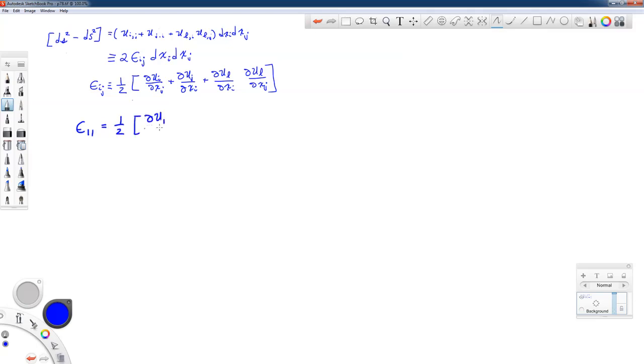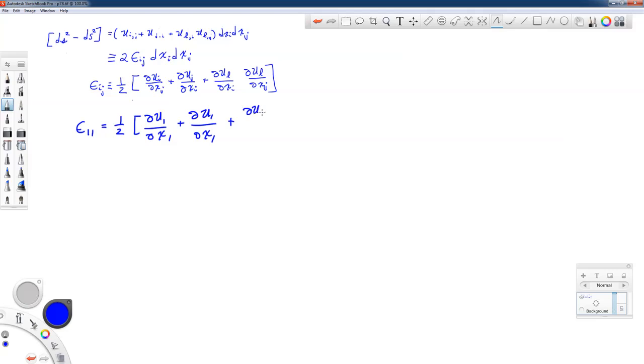If i is 1 and j is 1, we have partial derivative of u1 with respect to x1, and then we have that exact same term again. Now here's where I have to be a little bit careful: on this third term, there's an implied summation on this dummy index l, with i and j fixed at 1. So there's actually 3 terms in this next expression that we're going to write out longhand.